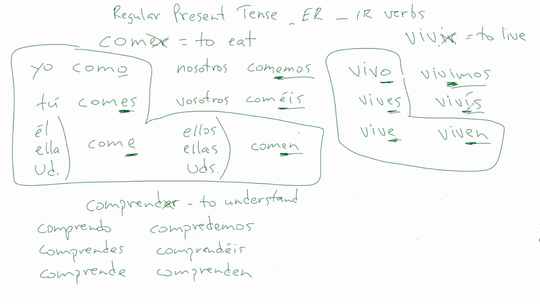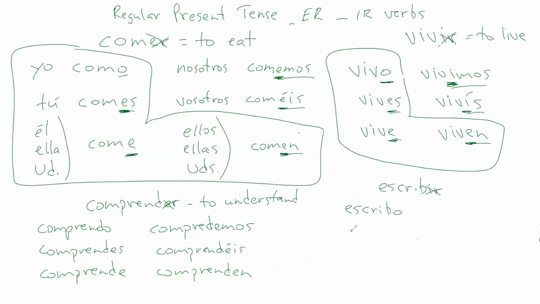Okay, we can just grab some other common IR verbs. We have something like escribir, right, is to write. How do we do that? Drop the IR.